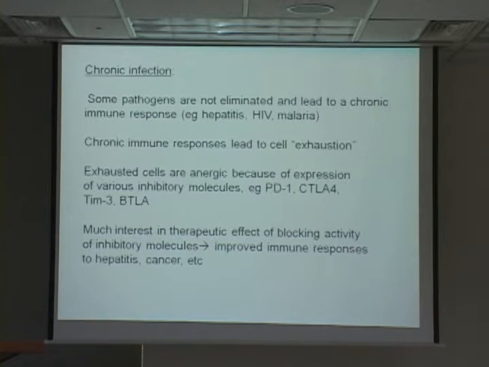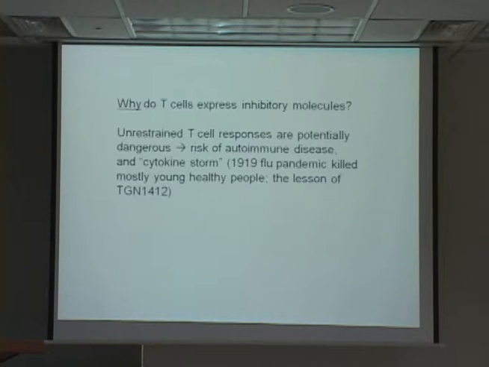And this has therapeutic implications because in diseases like hepatitis and malaria and so on, if you could overcome exhaustion, then you might be able to effect an efficient immune response and get a cure. But you have to think then about why do T cells express these inhibitory molecules?